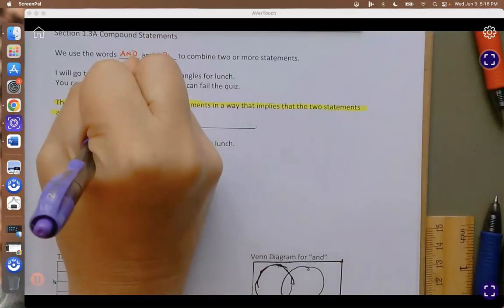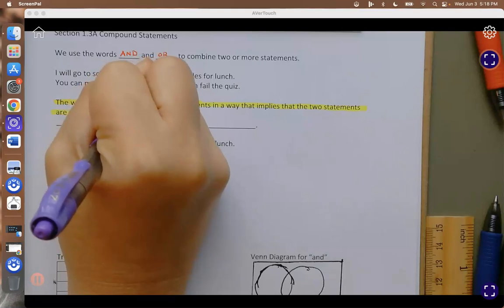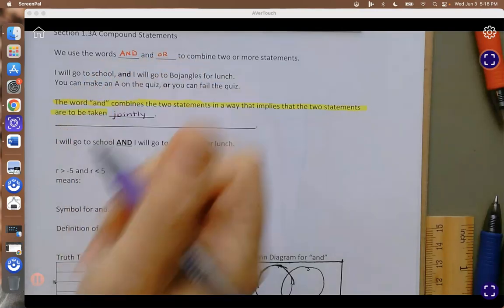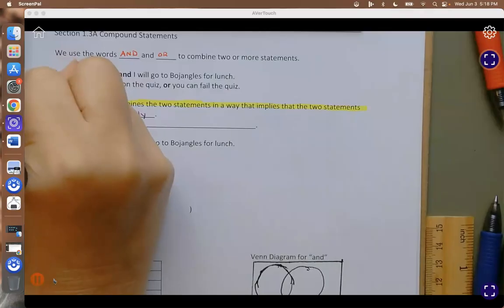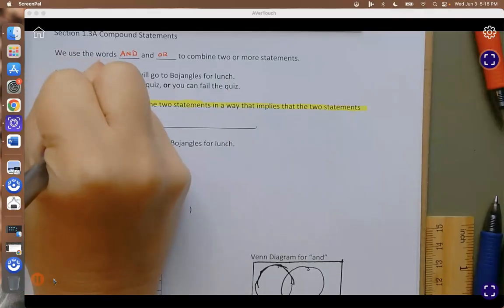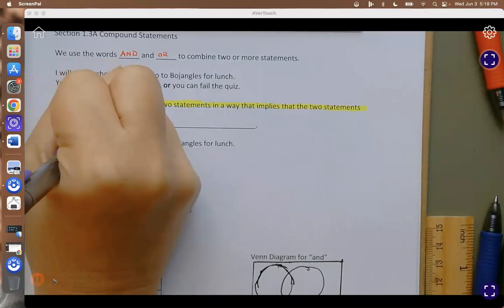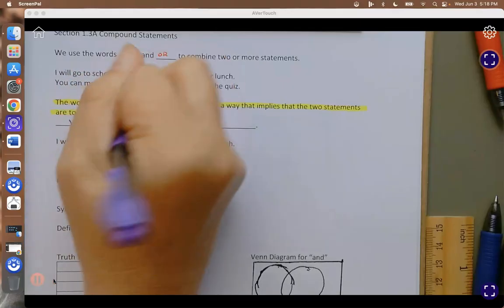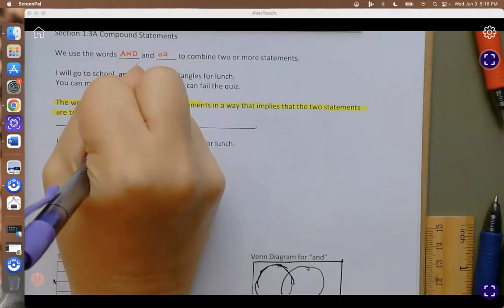Okay? Jointly. What that means is we intend for both statements to be true.